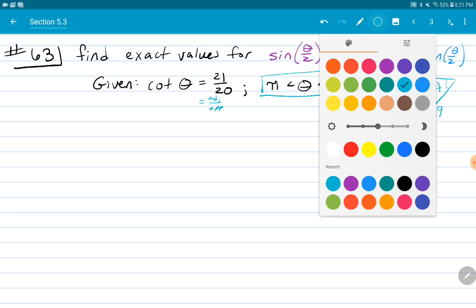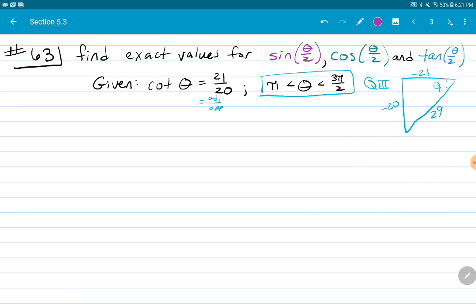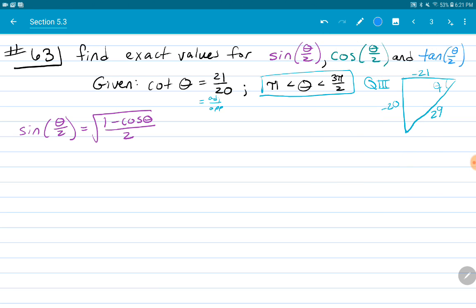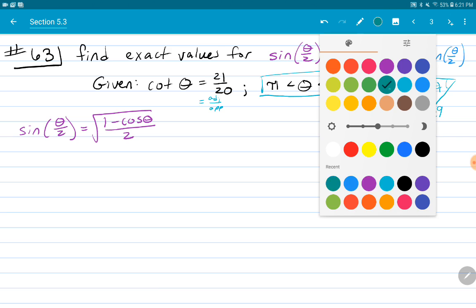Now let's check these formulas and make sure I have all the information I need. So sine of theta over 2, that's the half angle for sine. That identity is the square root of 1 minus cosine of theta over 2. And our cosine, oops, sorry, wrong color.